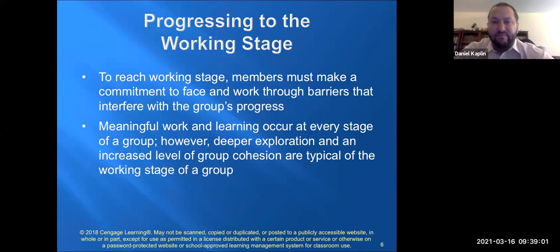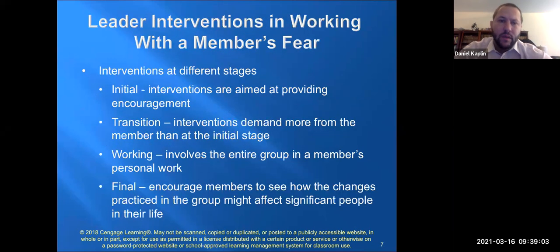So that's important. So, interventions at each stage. One intervention we have at the initial stage is to provide encouragement. When we talk about the transition stage, the interventions demand more from the member than at the initial stage.